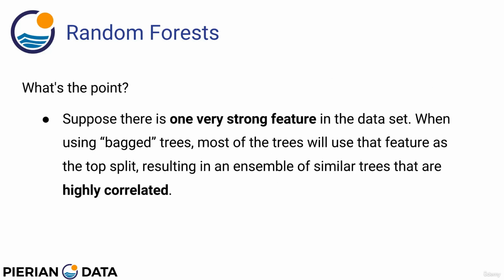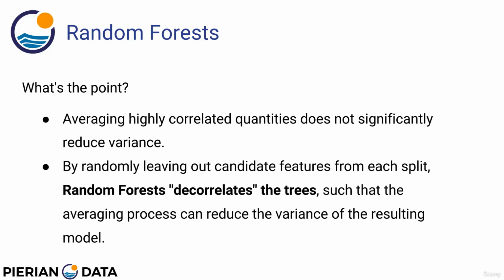You may be wondering, what's the point of using random forests? Well, suppose there's one very strong feature in the dataset, a feature that's really strong at predicting a certain class. When using bagged trees, that's that bootstrap sampling, most of the trees will use that feature as the top split. That's going to result in an ensemble of really similar trees that are highly correlated, which is something we want to avoid.